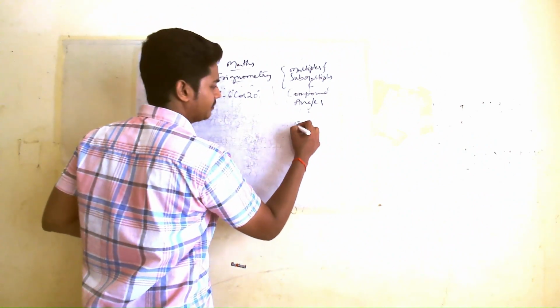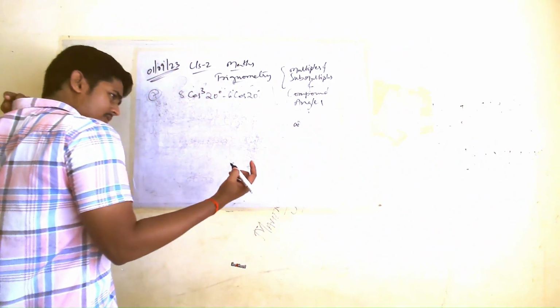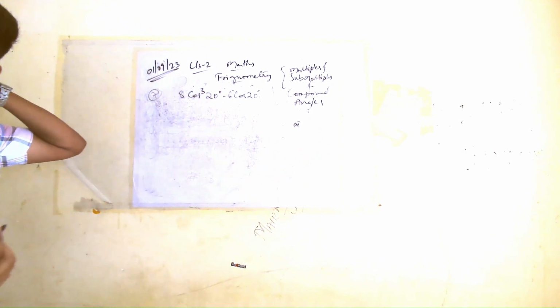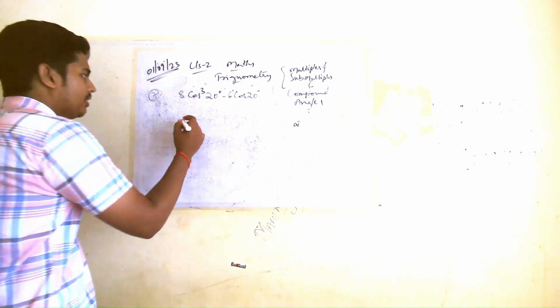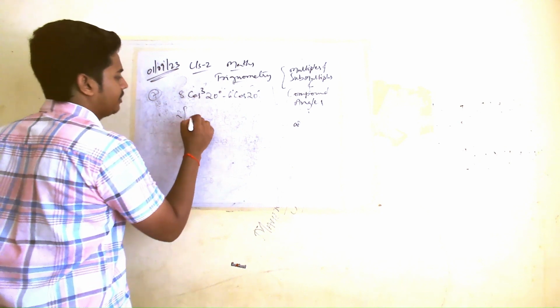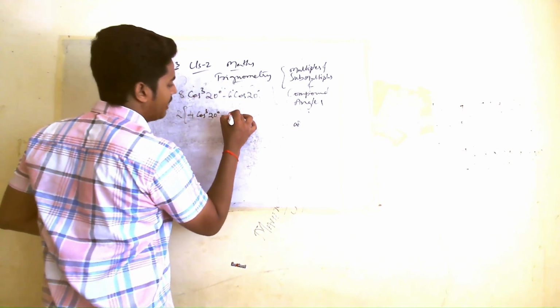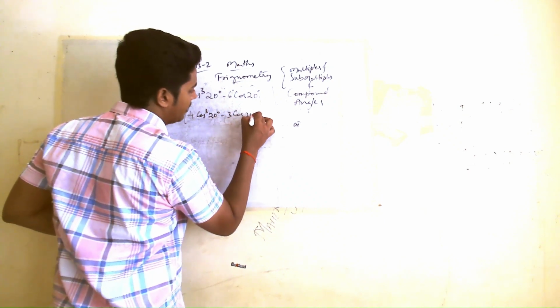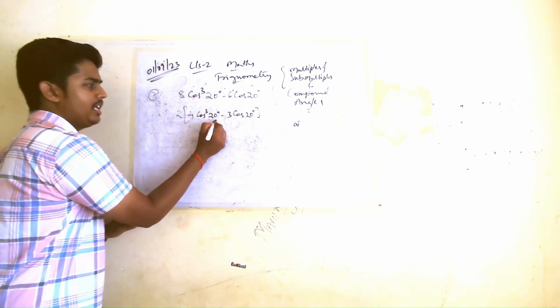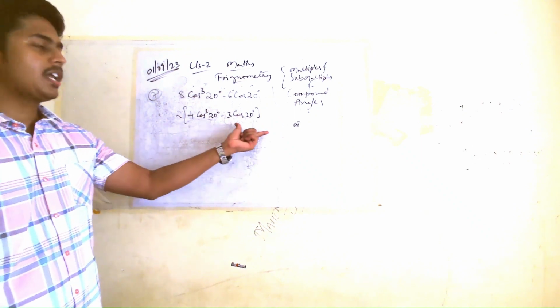The options we will know after solving this problem, okay? Let's take 2 common. It will be 2 of (4 cos cube 20 degrees minus 3 cos 20 degrees). Let's assume 20 as theta. It is 4 cos cube theta minus 3 cos theta.